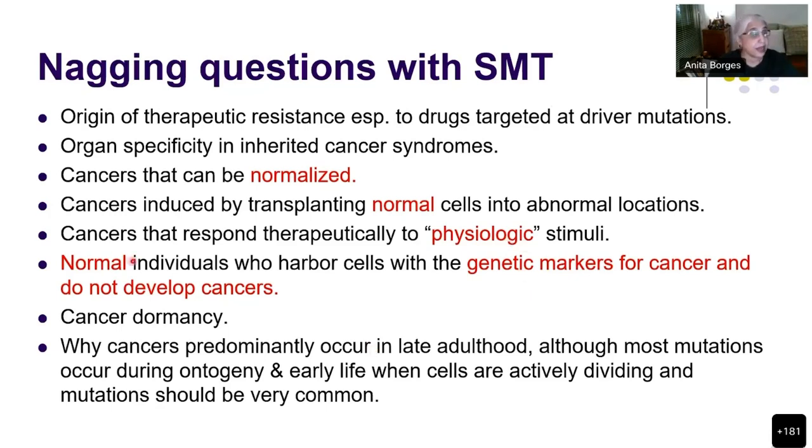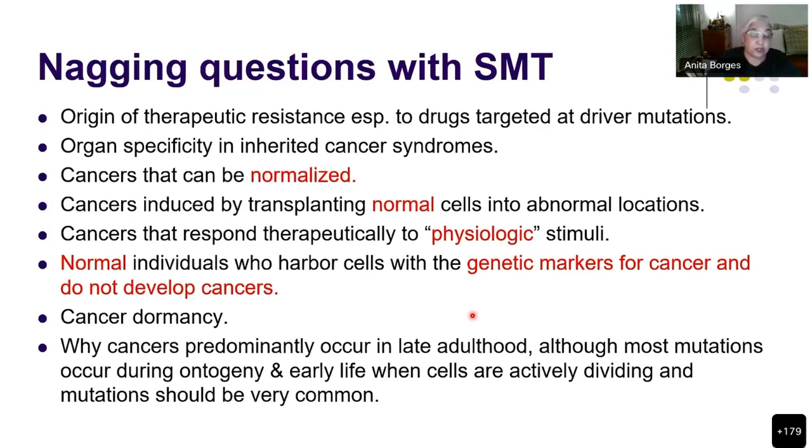And then there are a whole lot of normal individuals who harbor cells with the genetic markers for cancer and do not develop cancers. This is true for a lot of lymphomas, also leukemias. You examine the blood of these patients and you'll find lymphocytes with the 14-18 translocation in very healthy individuals, and they never go on to get a follicular lymphoma.